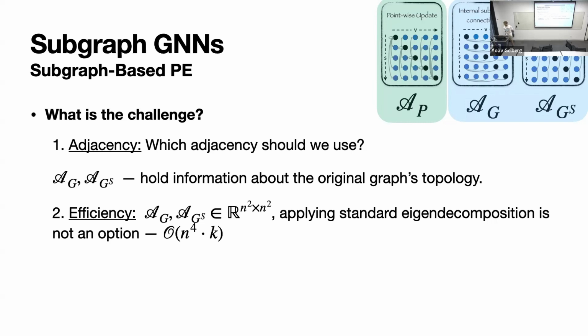But it's pretty straightforward to pick AG and AGS, which are the two right ones, because they hold information about the original graph's topology. But another challenge is efficiency. Each of these matrices belongs to R^(n² × n²). So applying standard eigen decomposition is not really an option because it's too costly.